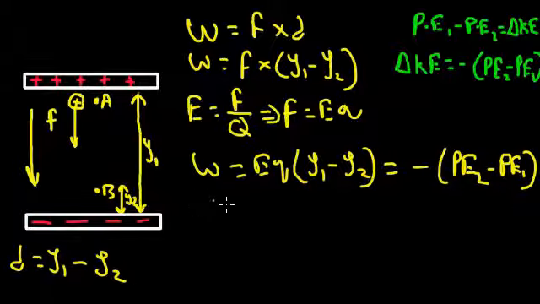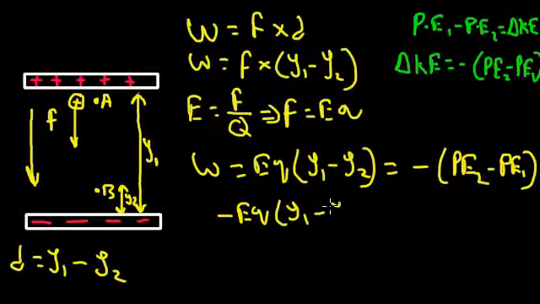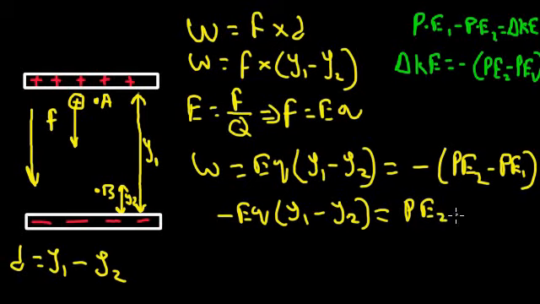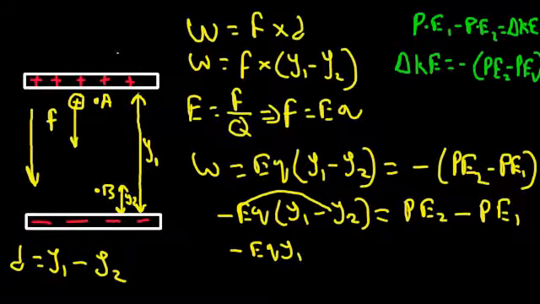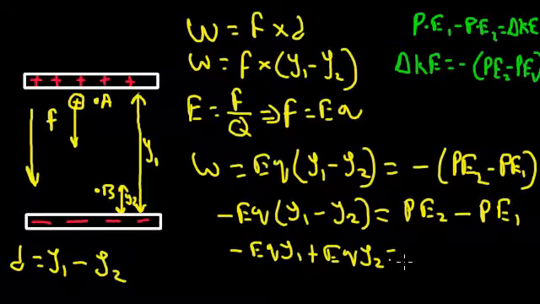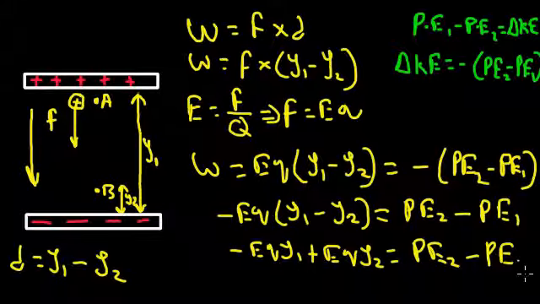And now we have negative EQ times y1 minus y2 equal to PE2 minus PE1. Perfect. Upon expanding, we have negative EQ y1, then minus EQ times minus y2, which gives positive EQ y2, equal to PE2 minus PE1.